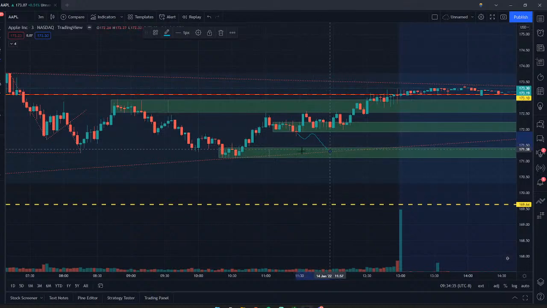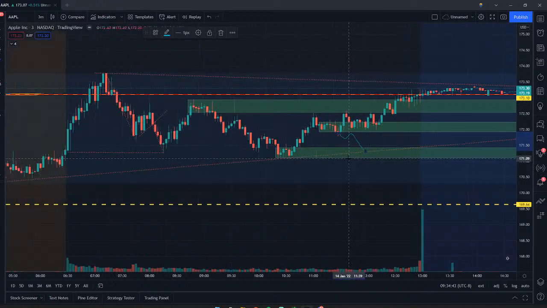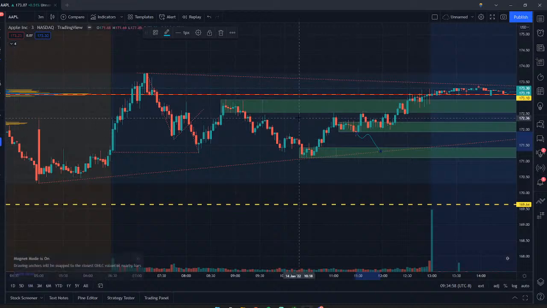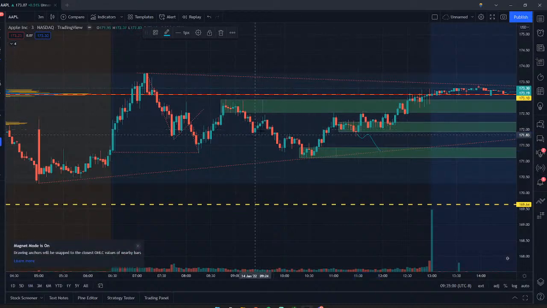And I'm going to try to sell it when it enters this consolidation area here. So really for me here on Apple, there's not a whole lot of trades, and that's okay. We can go to another chart.